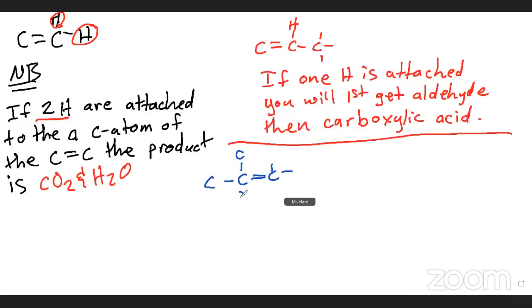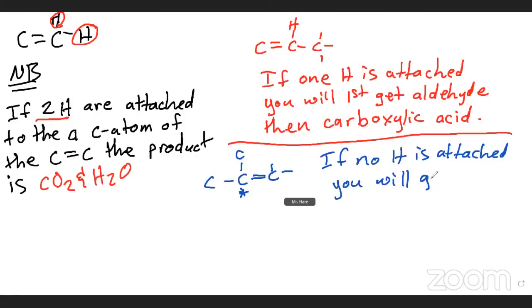Paying attention to this carbon now, with no hydrogen attached, you will get a ketone.